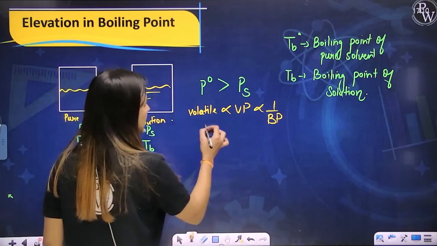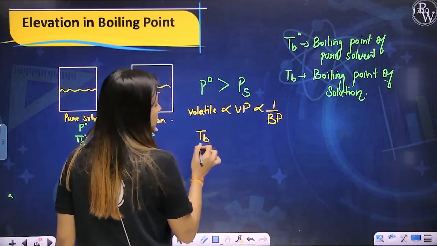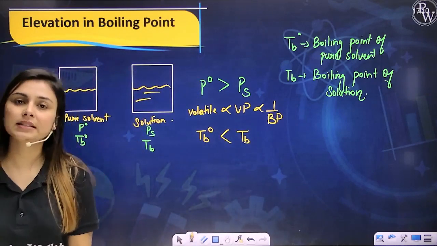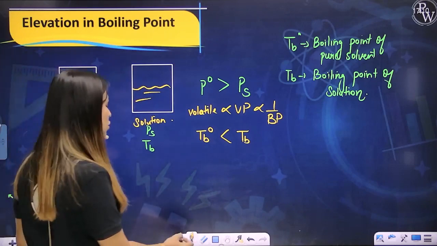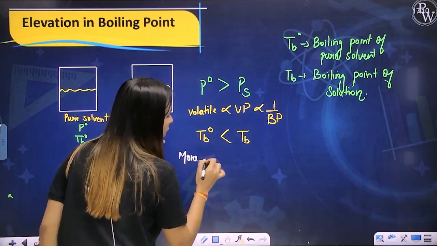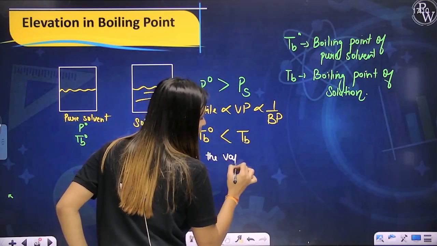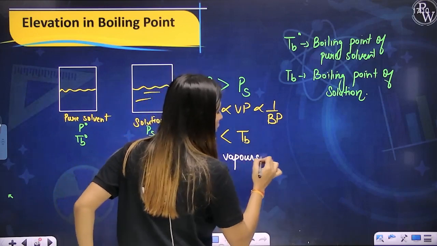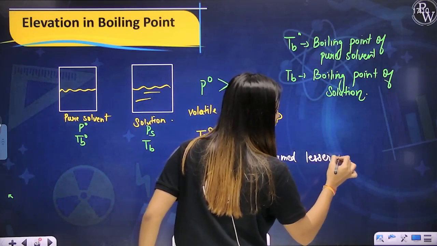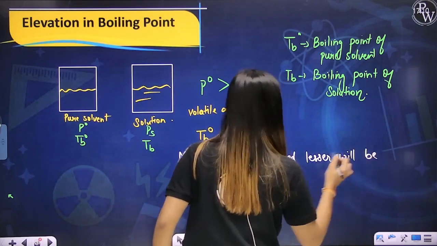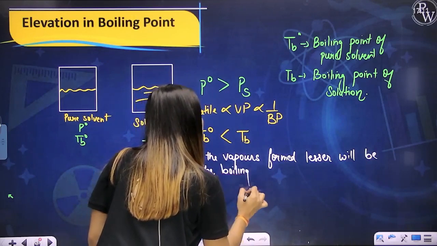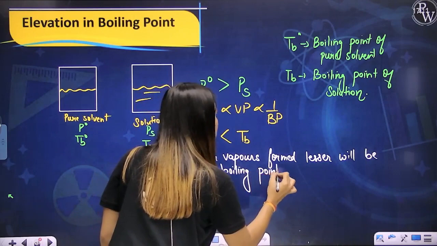So you can say that TB naught will be lesser than TB. You can explain this in your own words: the more vapor formed, the lesser will be the boiling point. I hope this is clear.